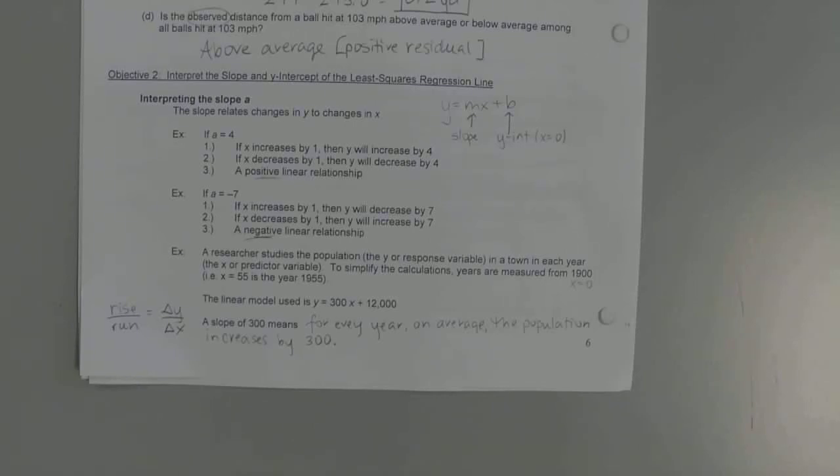For every year, what's happening to our population? It would be decreasing by 300, okay? So problem after problem after problem on 4.2, they're going to have you interpret the slope. And remember, it's always your x value increases by 1. Your y value is doing whatever your slope is, okay? So as your x value increases by 1, your y value is doing whatever the slope is doing.